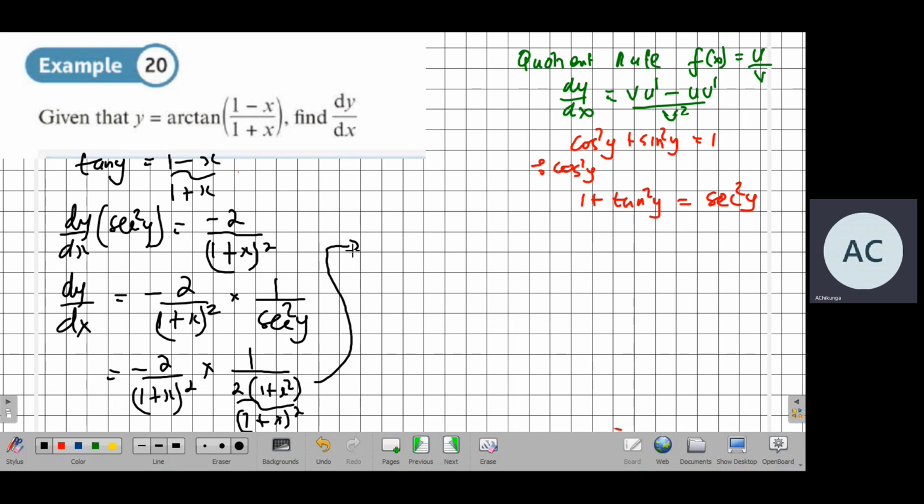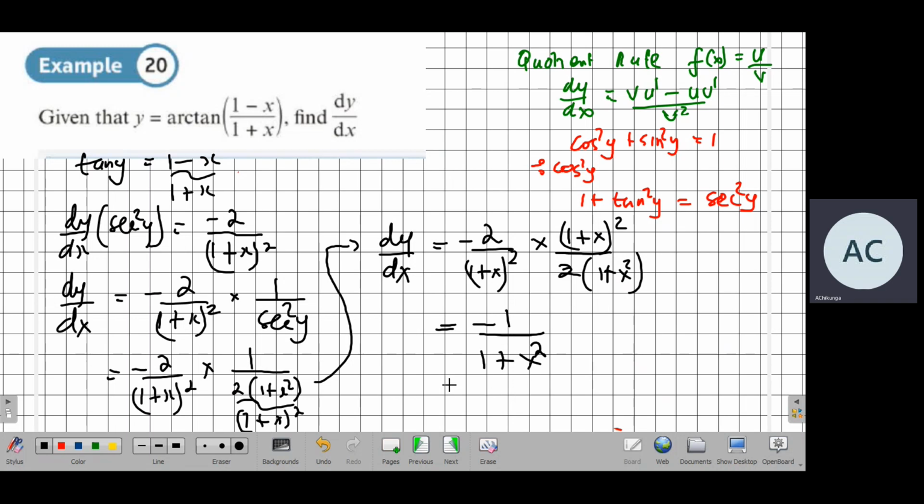This means dy over dx is equal to minus 2 over 1 plus x squared. Then we are going to invert this. Since we are multiplying, it's just going to become 1 plus x squared over 2, 1 plus x squared, of which these two cancel and these two cancel. Our answer is going to become minus 1 over 1 plus x squared.